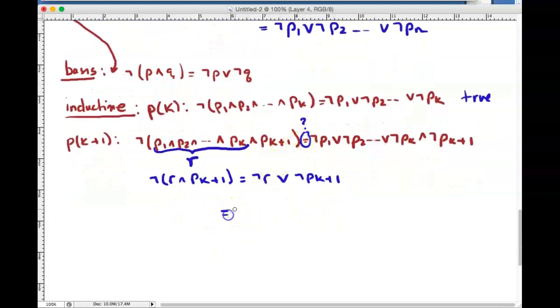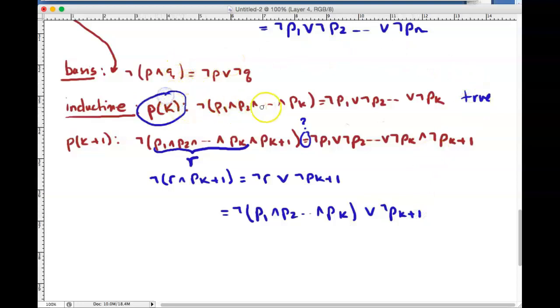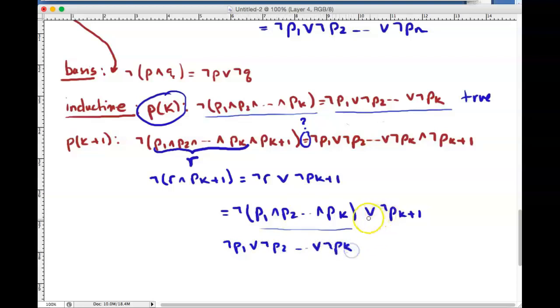All right, but I know that R means P1 and P2 all the way to Pk. And because my Pk statement is true, I know that this part right here is equal to this part right here, so it gets replaced. So this is not P1 or not P2 or not Pk, with this additional or not Pk+1. All right, so that completes the proof because I showed that this side is indeed equal to that one.